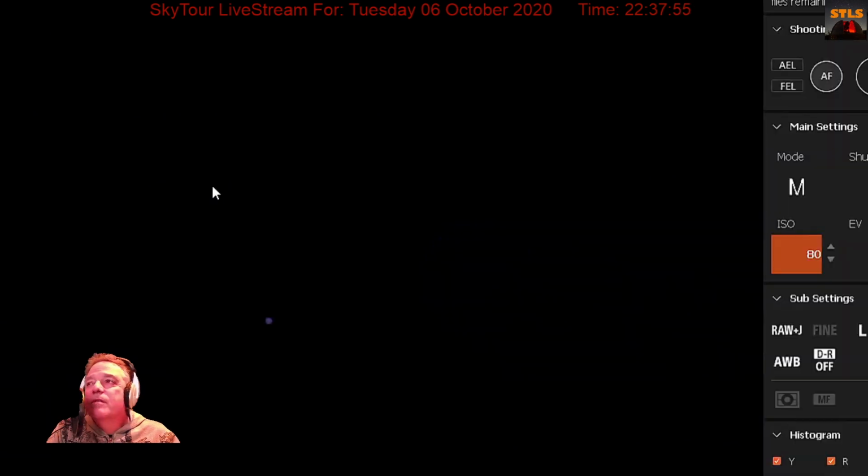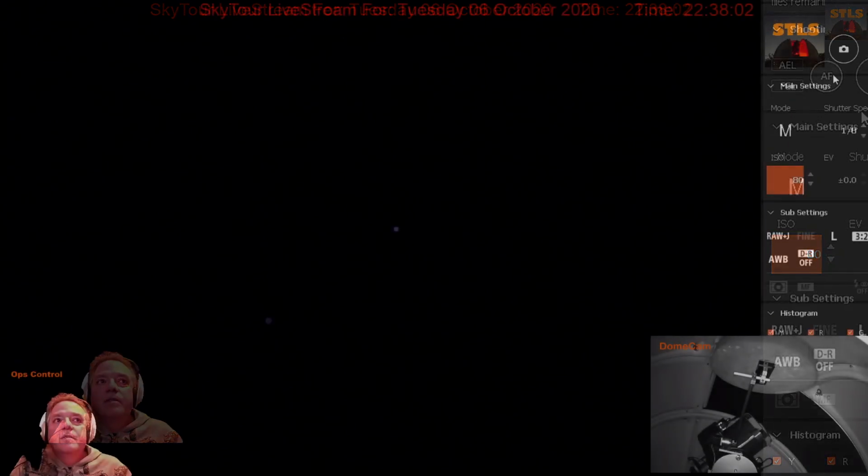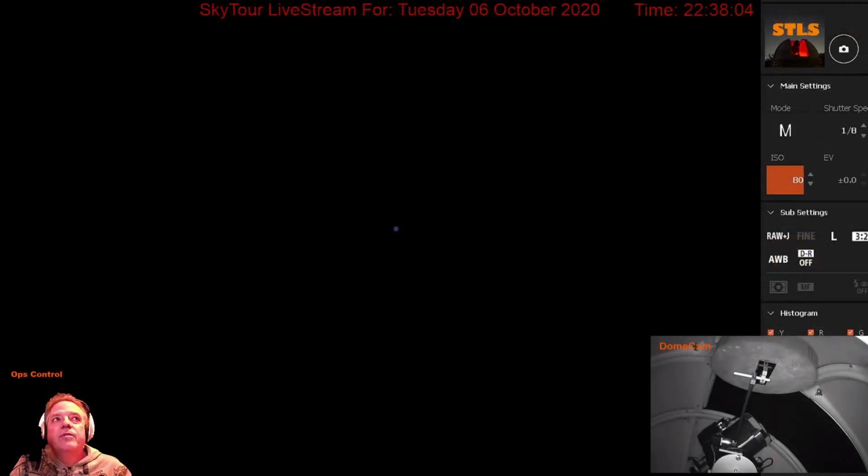DW, welcome. You've been here for a while. This is Mars, actually. Look at the detail on the surface. You can see Syrtis Major and several other features on Mars here. In between moments of bad seeing, we have some that are really good seeing. I keep going from this main view.